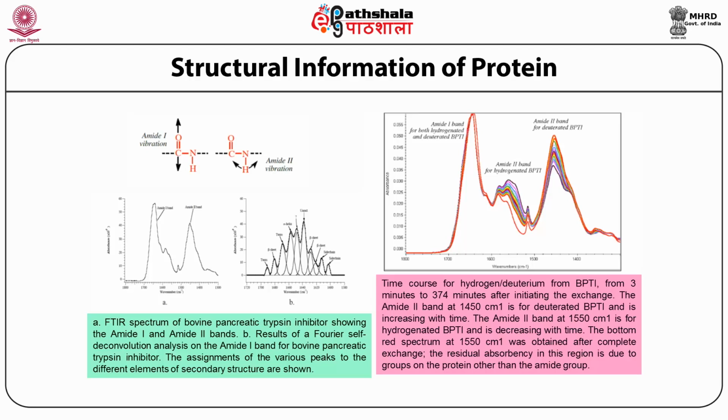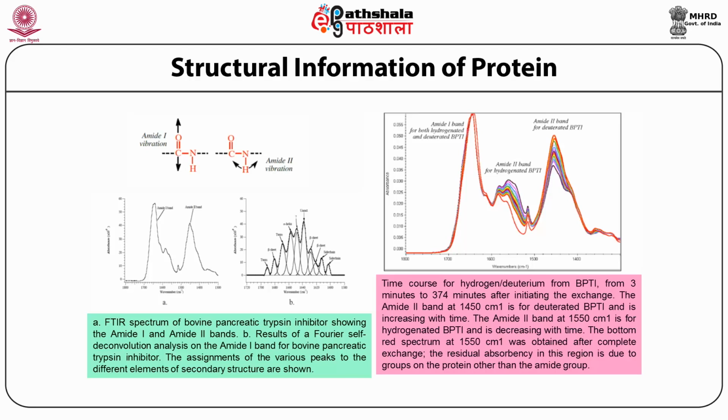In the right panel you see an intense band of the amide 1 band and amide 2 band for deuterated BPTI, bovine pancreatic trypsin inhibitor. The course of hydrogen deuterium exchange of BPTI from 3 minutes to 374 minutes after initiating the exchange. The amide 2 band at 1450 per centimeter is for deuterated BPTI and is increasing with time.